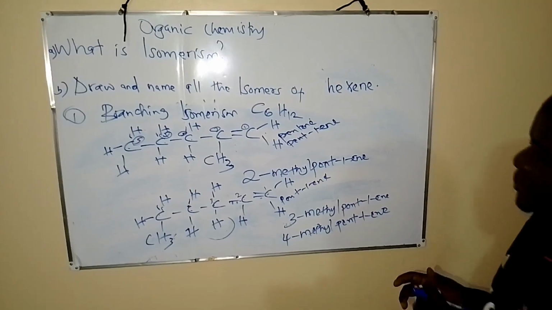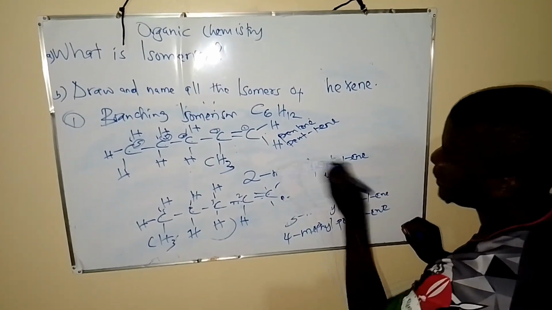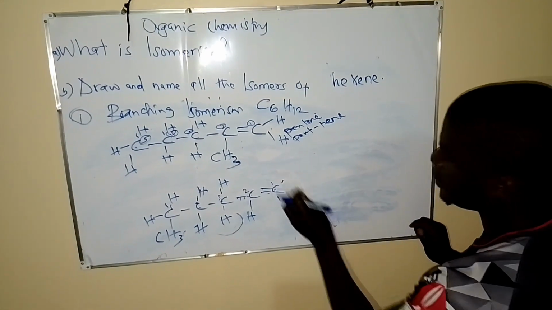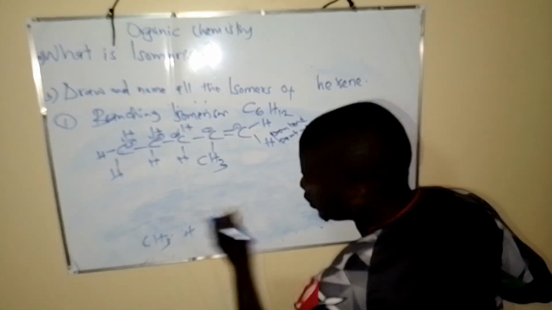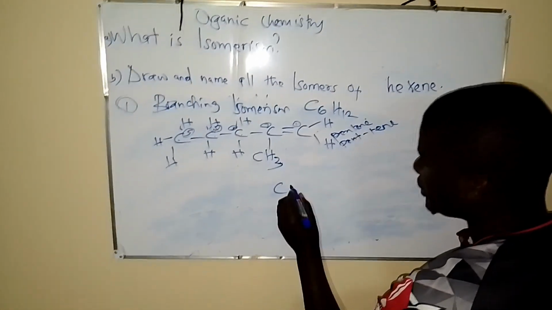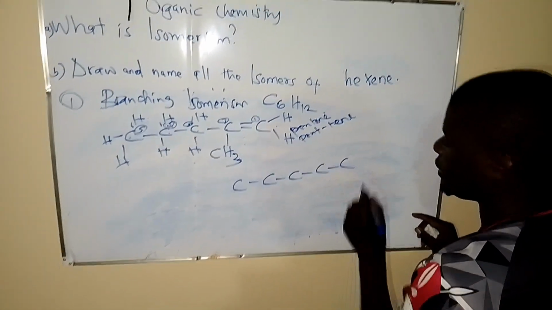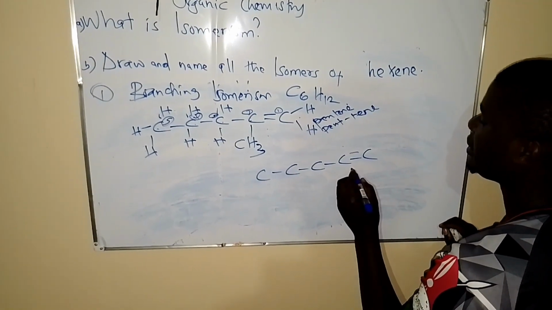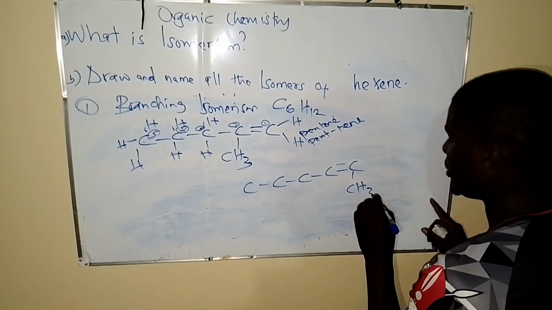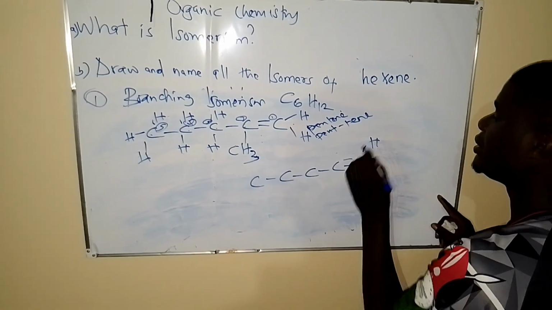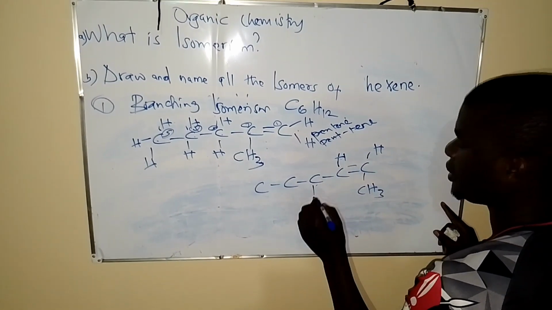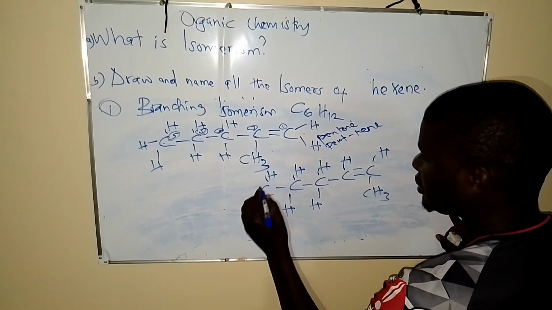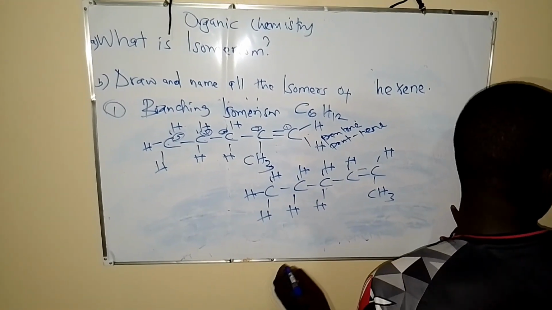Why is that the case? Because if I say I have a double bond here, 1, 2, 3, 4, 5, and I say I have a methyl group here, and then I have hydrogens here, hydrogen, hydrogen, hydrogen, all those.